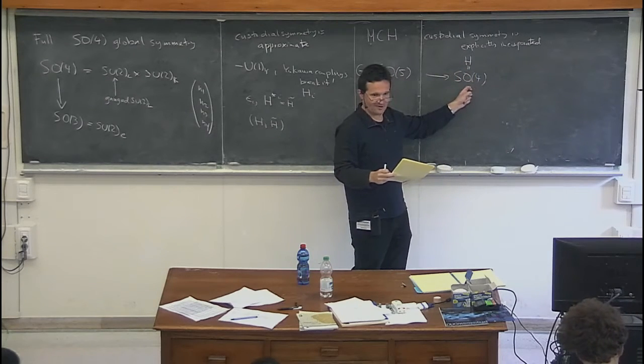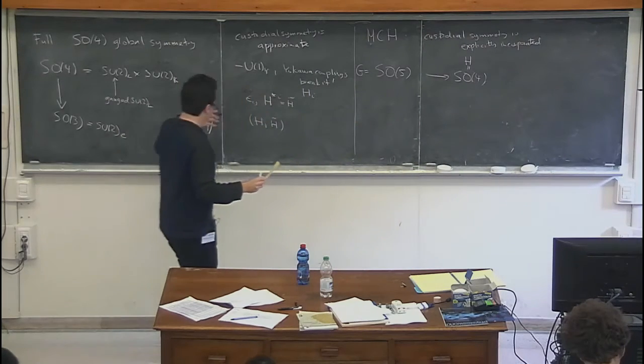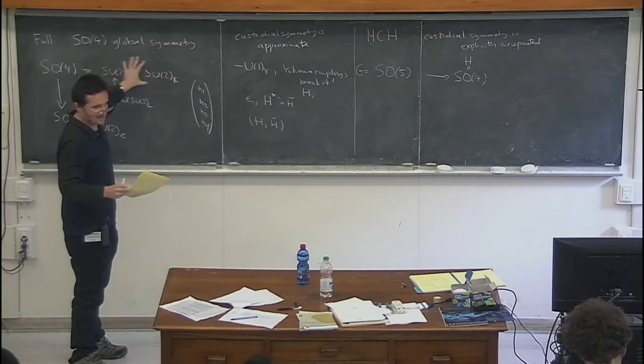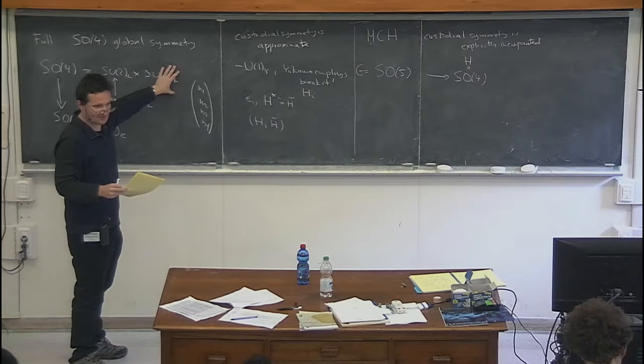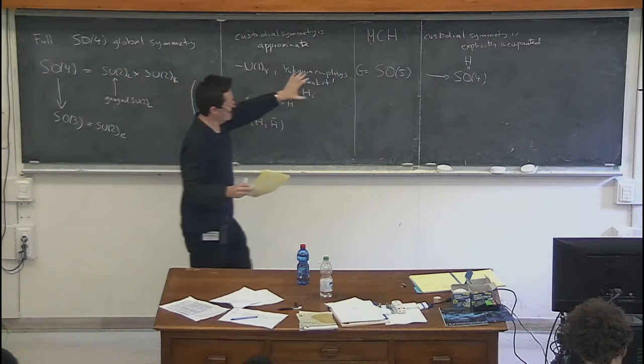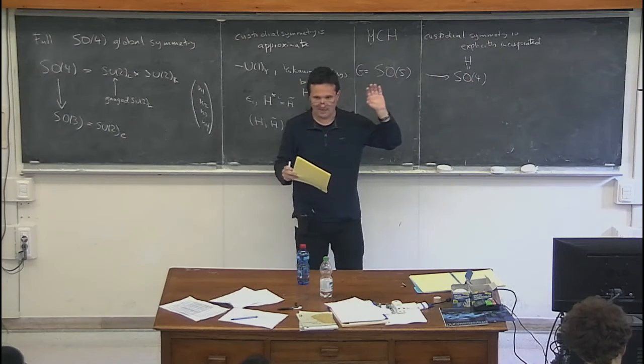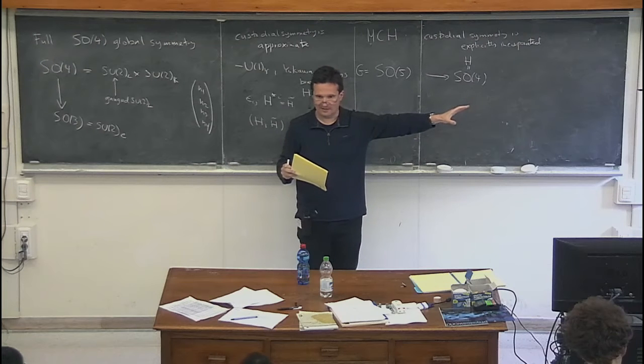So SO4 is sort of the symmetry of the standard model, including the custodial symmetry, yes? So in this symmetry breaking pattern, the custodial symmetry is left explicitly unbroken and it's explicitly incorporated, yes?